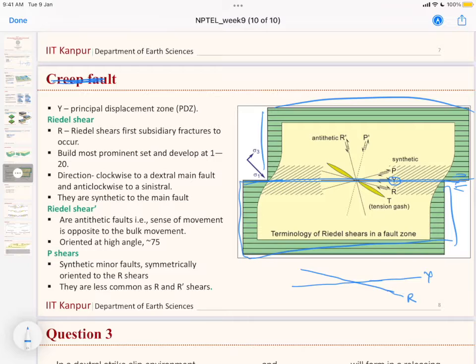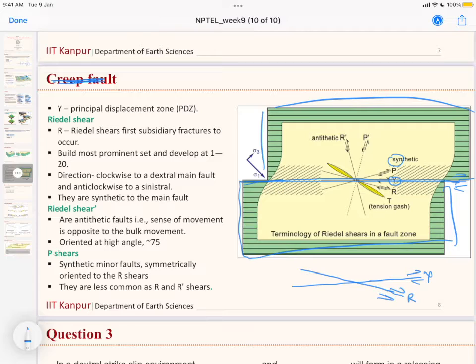The sense of movement of this radial shear fracture would be the same as the main displacement fault direction. So if the main displacement fault direction is like this, this radial shear direction would also be like this. That's why it is called synthetic; syn means the same direction.